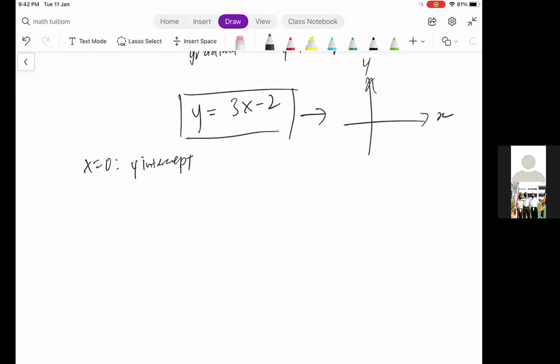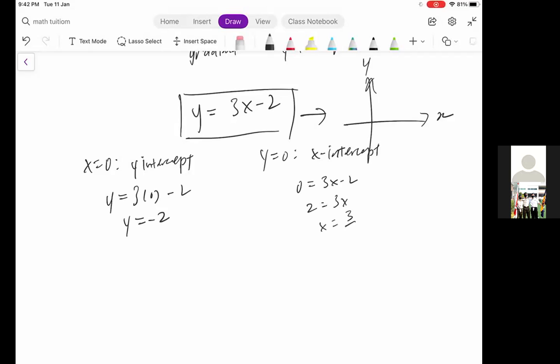This would be y equals to 3 times 0 minus 2, y equals to minus 2. And then our next one will be when y equals to 0 to find our x-intercept. So we have 0 equals to 3x minus 2, 2 equals to 3x, x equals to 2 over 3.